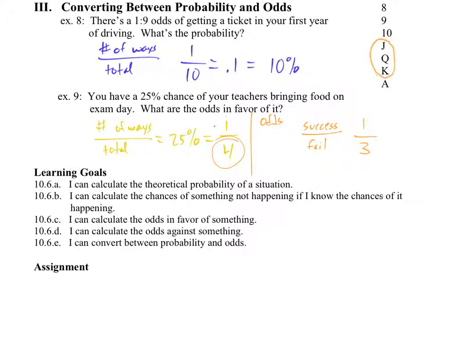So if 1 is a yes and the total is 4, do you agree the chances against would be the 3? So it's going to be a 1 to 3, 1 over 3, something like that. And you don't have to write the answers multiple ways. Pick one way and write it. That's it.